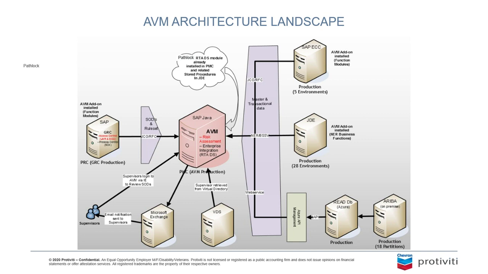I'll also quickly note in the bottom left-hand side of the slide, you'll see some stuff with Microsoft Exchange, VDS. I'm sure many of you can guess what the Microsoft Exchange piece is: the integration to Chevron's Exchange server to facilitate the automated email notifications going out to supervisors. So again, in the spirit of fully automating this process, when risks are generated in AVM, those folks that need to do the reviews get notified, because at the end of the day, a human being still needs to go in there and say, yes, this violation was inappropriate, or maybe it was appropriate.